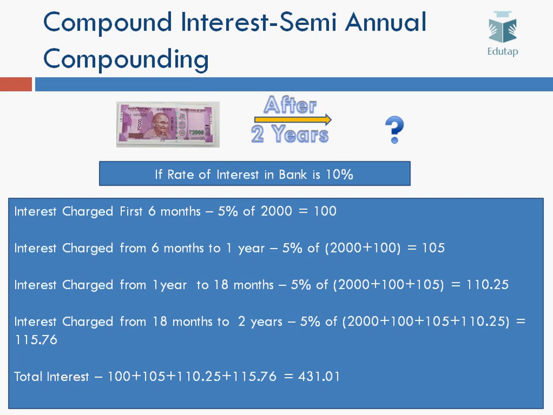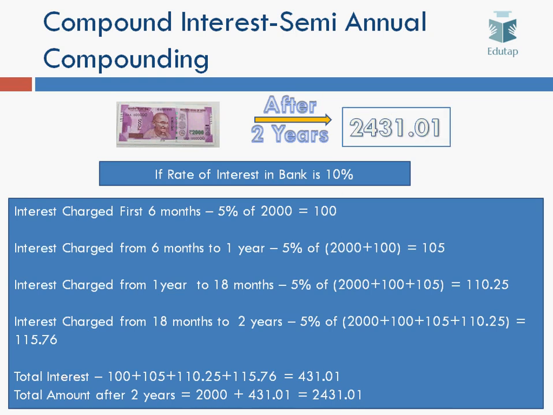So the total interest becomes 100 plus 105 plus 110.25 plus 115.76 equal to 431.01. So the total amount after 2 years would be 2000 plus 431.01 equal to 2431.01. So this is our amount after 2 years, considering the compounding is semi-annual.